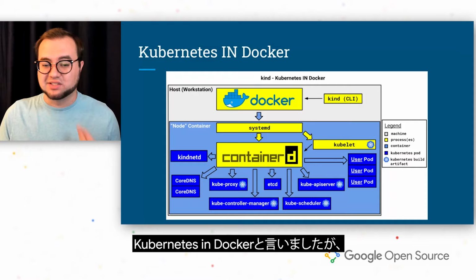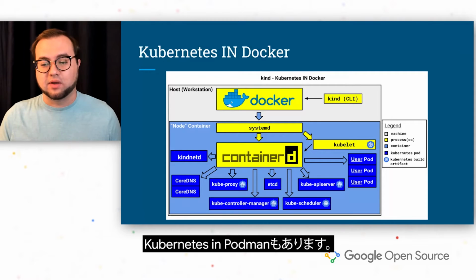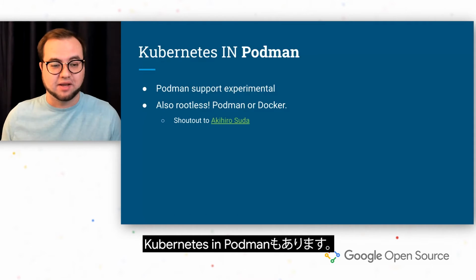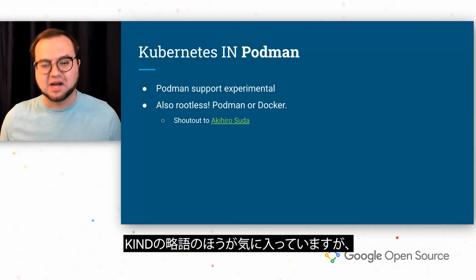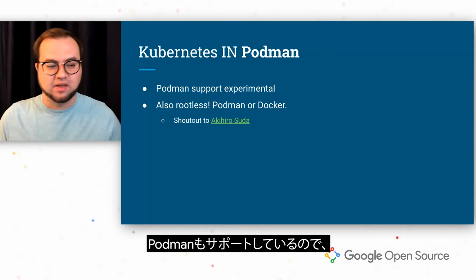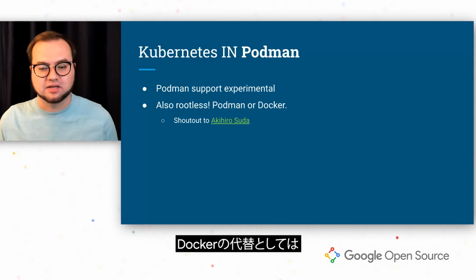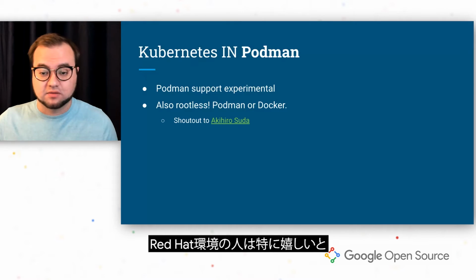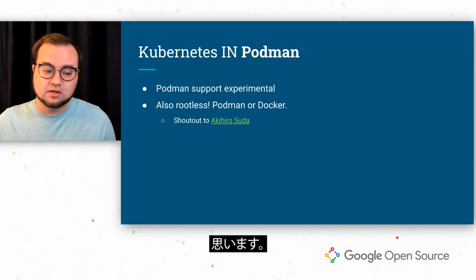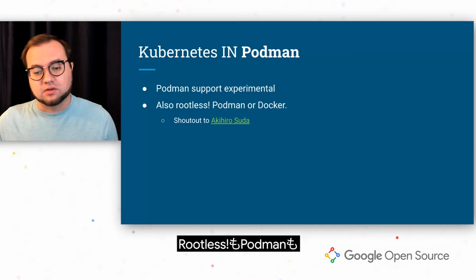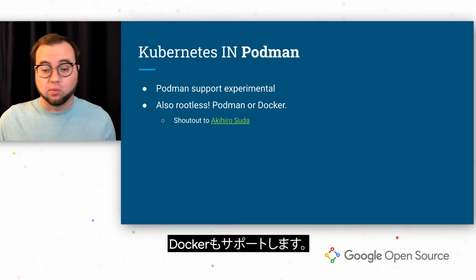So I said Kubernetes and Docker, but we also have Kubernetes and Podman. We like the Kind acronym, a little easier, but we have Podman support now. You can use Podman instead of Docker, which is pretty nice for users in the Red Hat ecosystem in particular. It also supports rootless now, Podman or Docker.